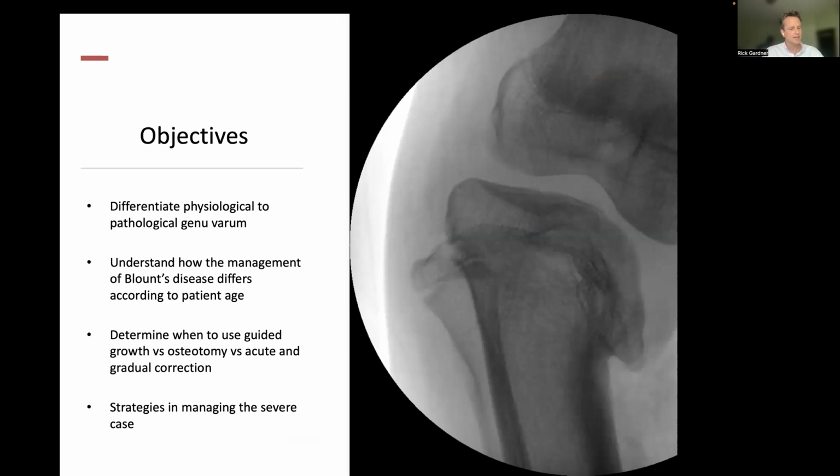It's important that we make the right decisions for each patient who comes through based on age and severity. And then to determine when to use guided growth, when to use osteotomy, when we should be doing an acute correction and when maybe the gradual correction makes more sense. And then also some strategy in managing the severe case that I'm sure all of you have seen and have some experience of.